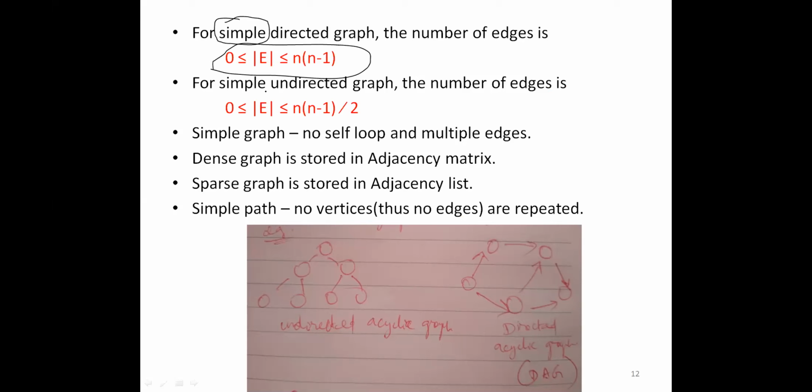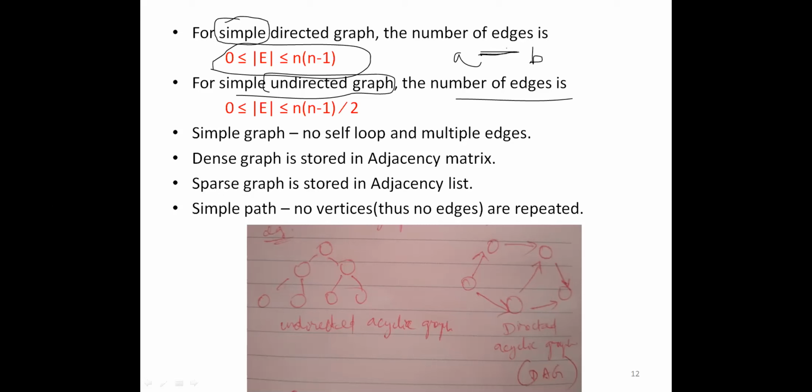And for a simple undirected graph, the number of edges will be divided by 2, because there is no direction, right? For example, A to B. A to B is connected. This is undirected.